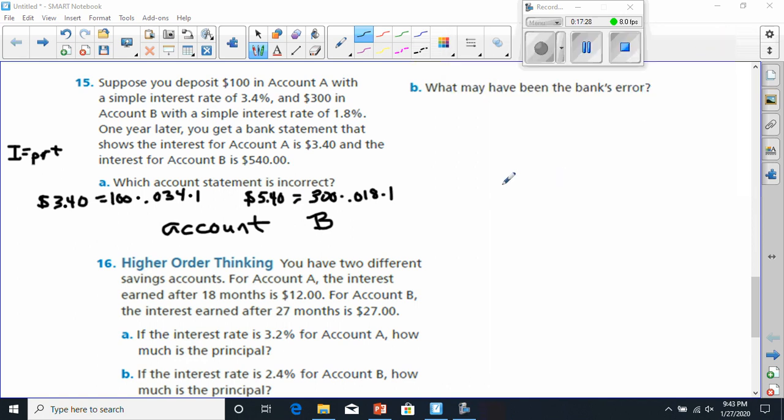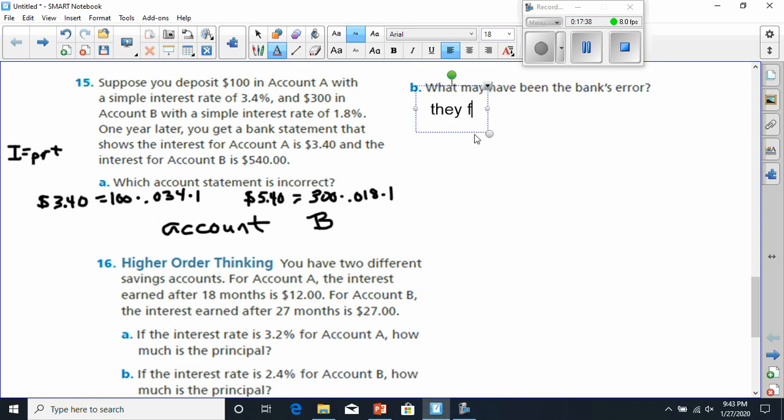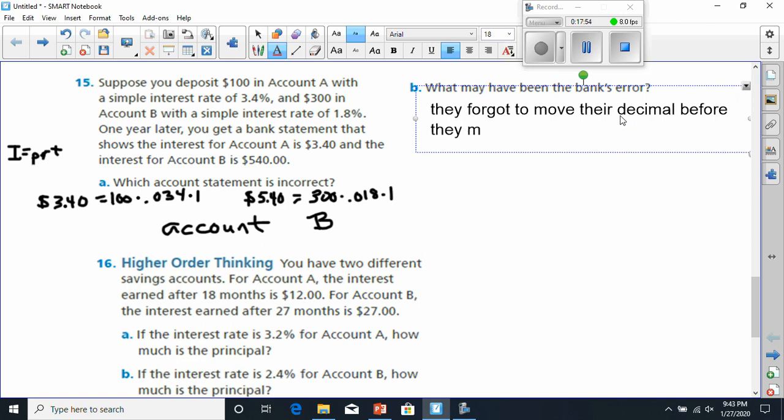So what may have happened, they forgot to move their decimal before they multiplied, which sounds like a great thing, because that would give you $540 instead of $5.40.